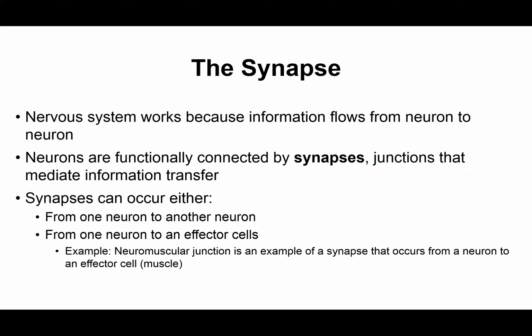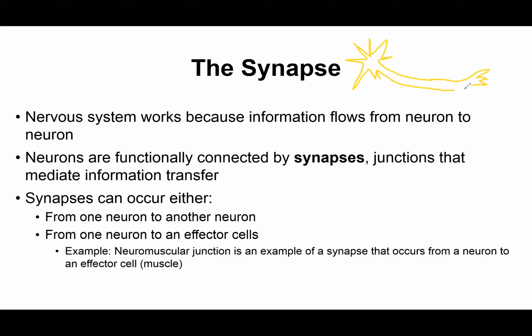So let me just do a quick little doodle here. I'm going to draw a neuron. Okay, so here's my neuron, and at this point, we've already talked about the action potential traveling down the length of the neuron, and eventually it's going to reach this point down here.